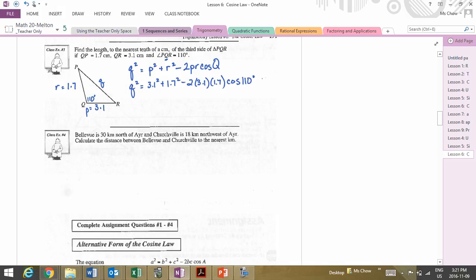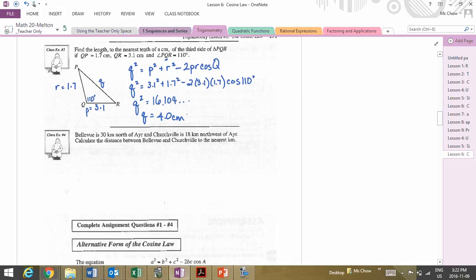So enter that all into your calculator all at once, and we will find out then that q squared is approximately 16.104 with a few decimal places, taking the square root of that answer. So we've got that q, or the third length, PR, is approximately 4.0 centimeters. And that's just a bit of a coincidence there.